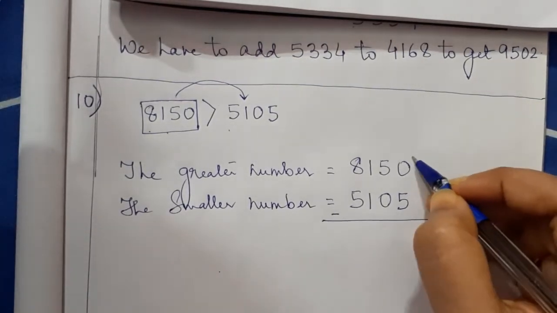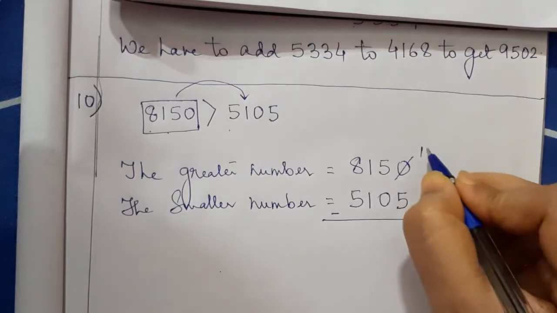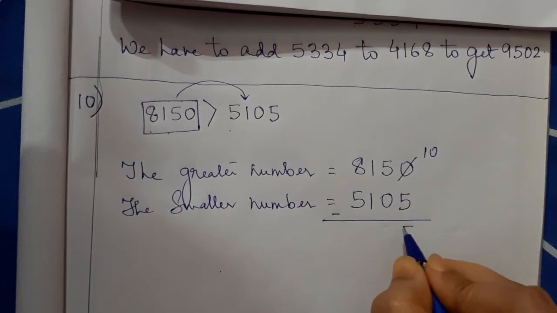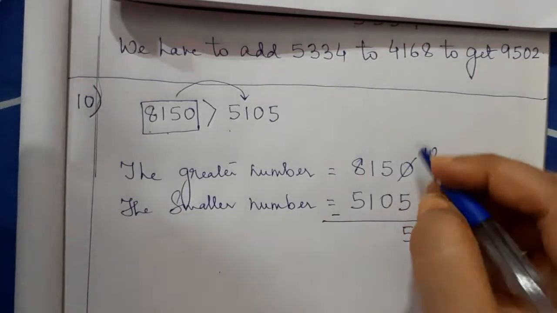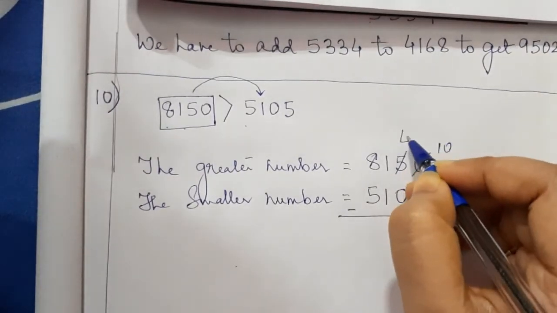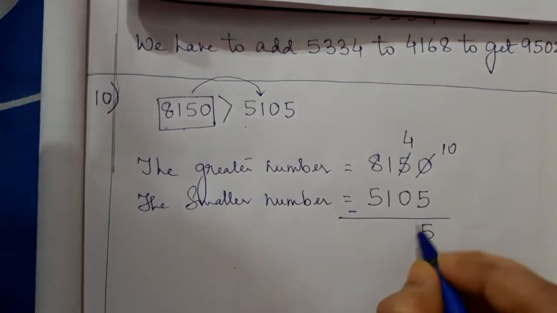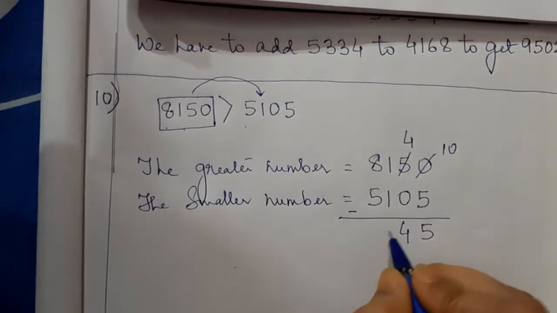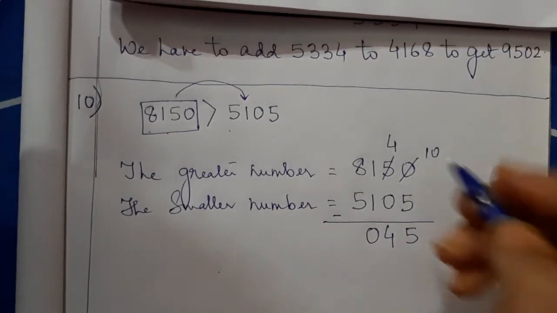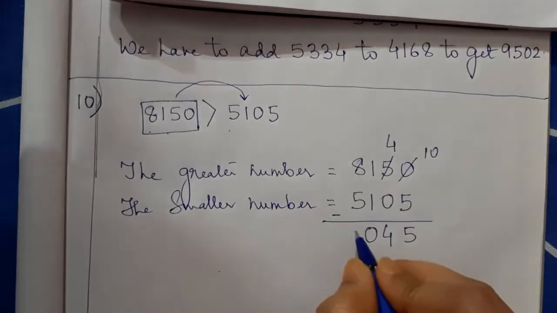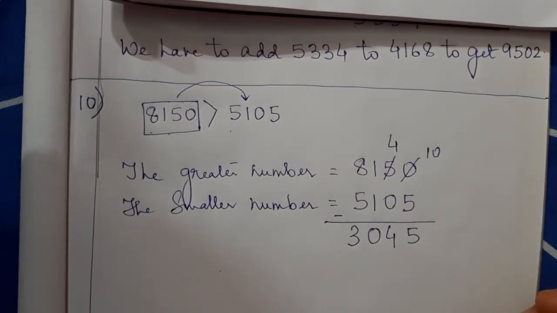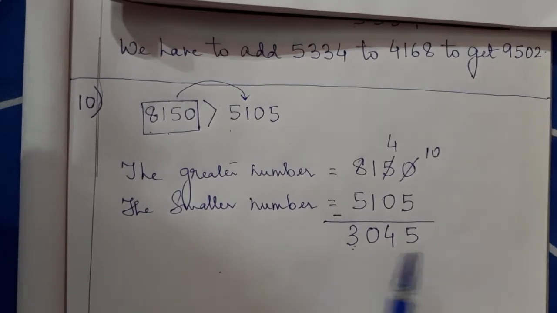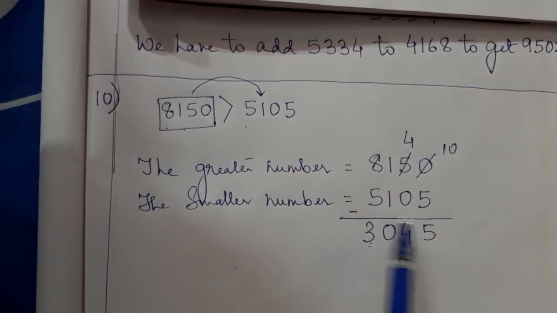So this is 0, we cut it and we write 10. We are borrowing 1 from here, so 10 minus 5 becomes 5. We borrowed 1 from here, so we cut this and write 4. 4 minus 0 is 4, right? We did not borrow anything, so 1 minus 1 becomes 0 and 8 minus 5 becomes 3, right? So we have to take away this number from this number to get this number.